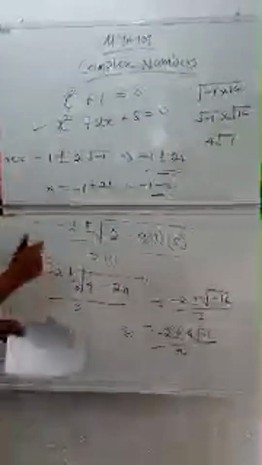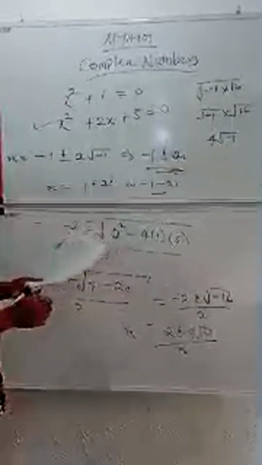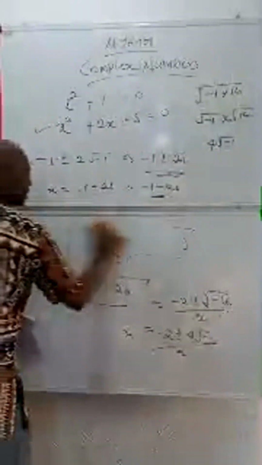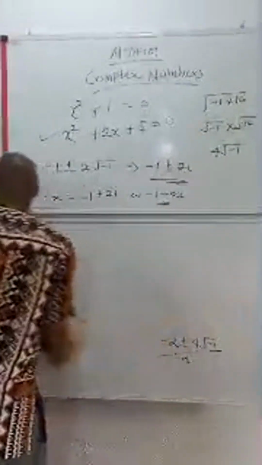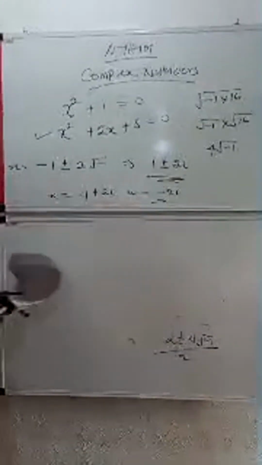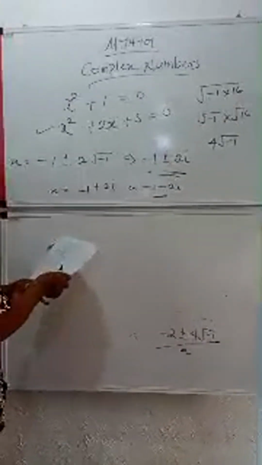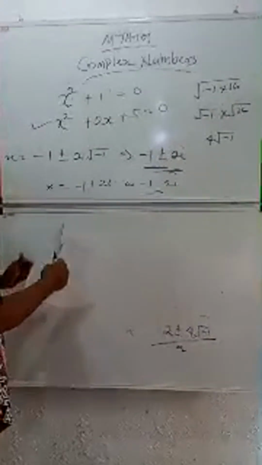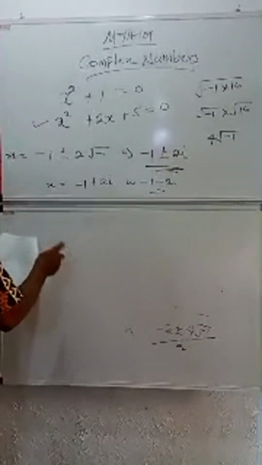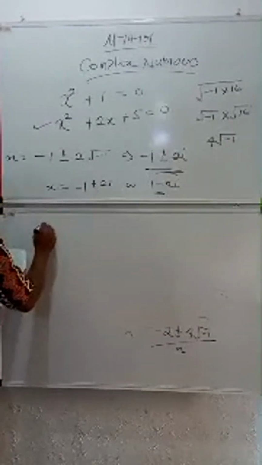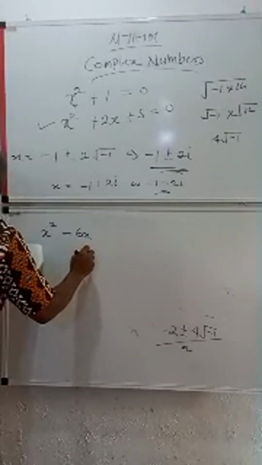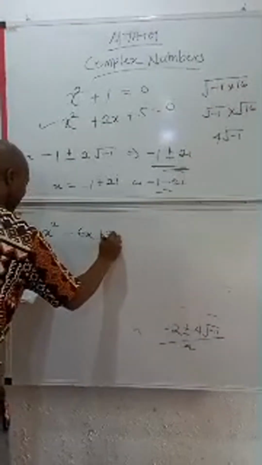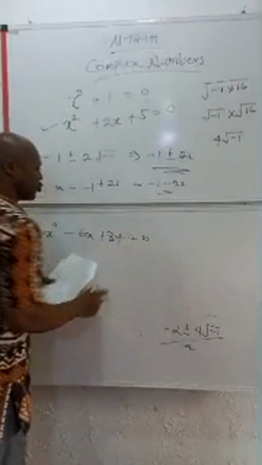Now, there are also other equations that we may consider. Let me give you one. This I will not solve for the sake of time, but I will give you the solution. That is x squared minus 6x plus 34 is equal to 0.